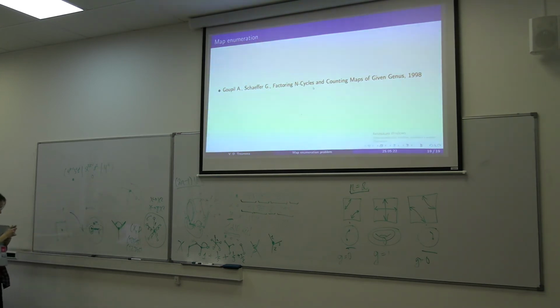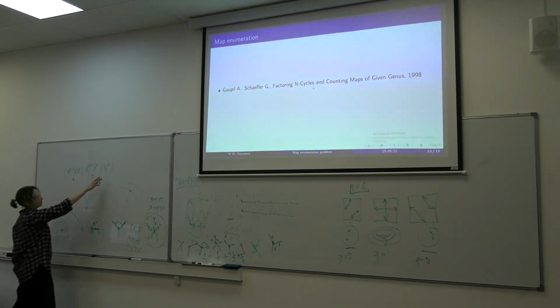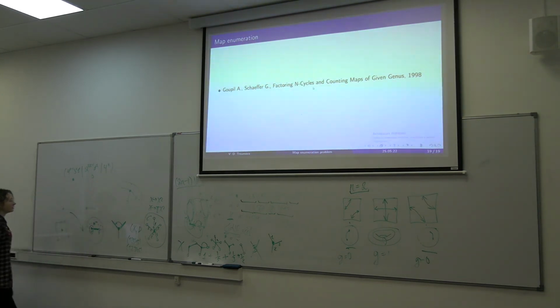So we have this series of objects. And I have one parameter k here. And I want to know the quantity of these objects for a given k.